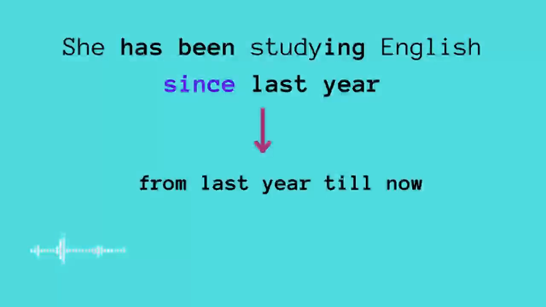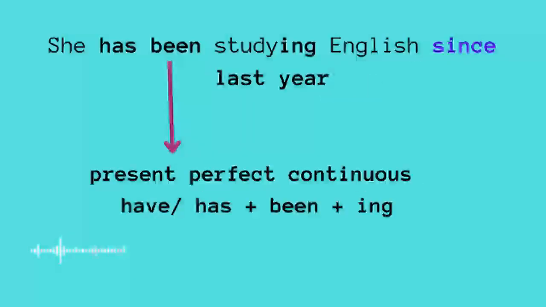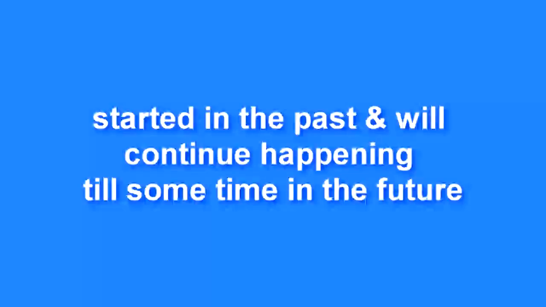But there is something I would like to tell you about. If we look at the first part of the sentence, it starts with has been with ing. What does that mean? We are using the present perfect continuous. You need to use the present perfect continuous to speak about something that is still taking place, that is still happening from the past until the moment.